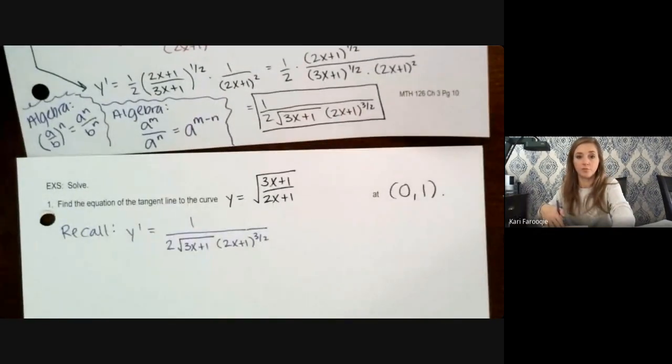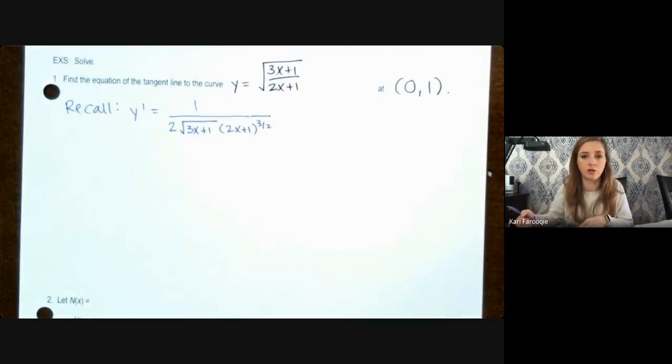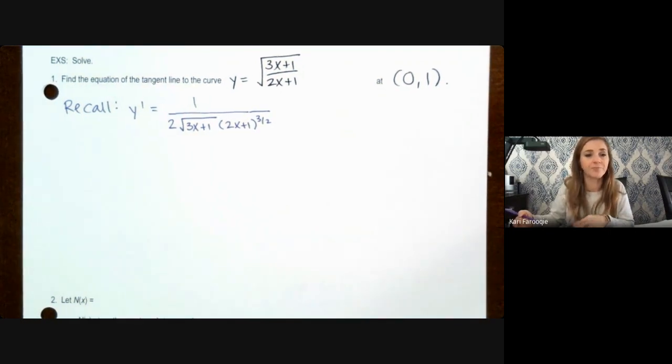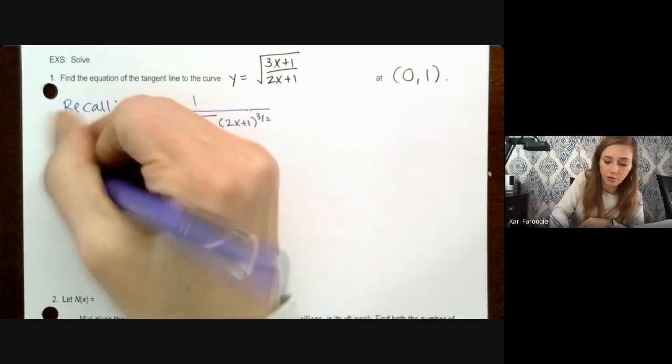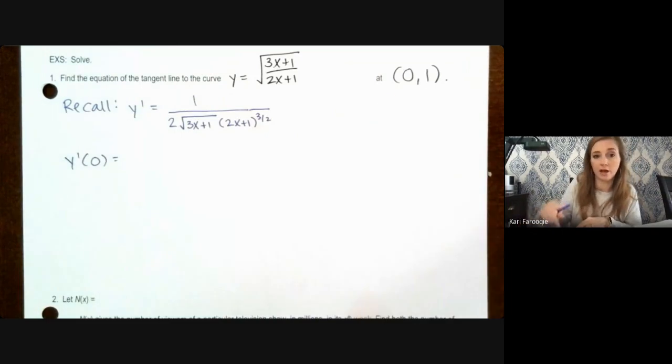And that was just from the previous example. So nothing new there. We already found the derivative. Now we'll use it to find the equation of the tangent line at 0, 1. I need a point and a slope. I have a derivative. Now I'm going to evaluate y prime at 0 to find the derivative at 0.